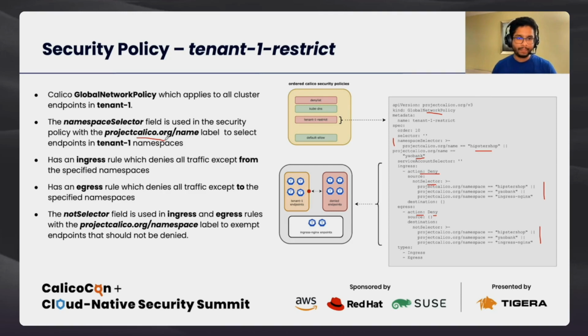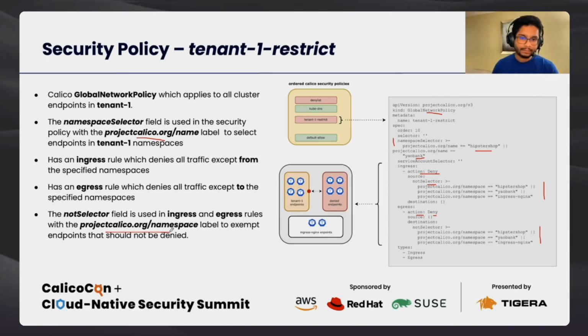It's a label that Calico associates with an endpoint, and the value of the label is the name of the namespace that endpoint belongs to.